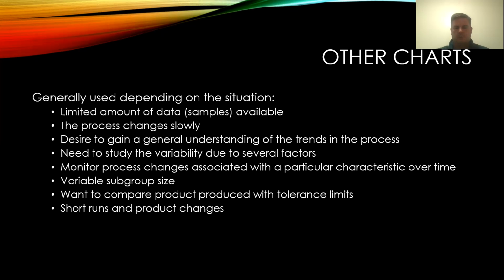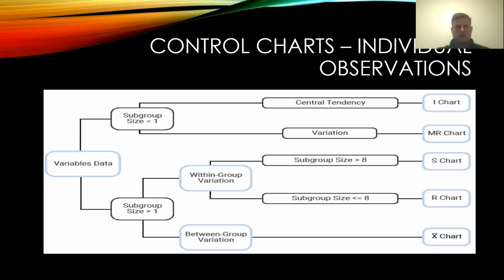And then short runs and product changes, stuff you might run once a year, and maybe a product change, just trying to get ahead of what you might see and then seeing if you're getting out of it what you are expecting or not.